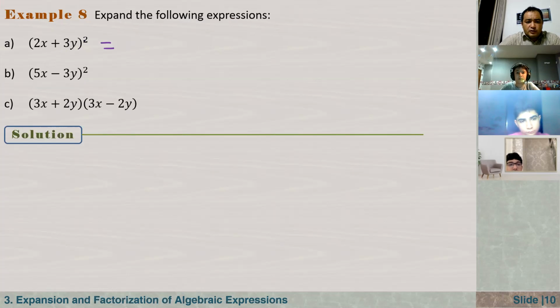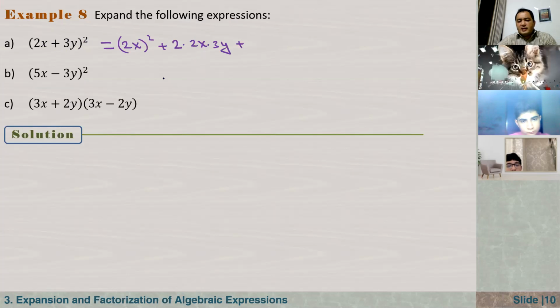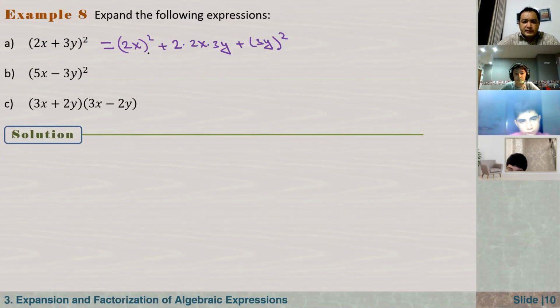So using the formula, what do we have here? Something plus something, squared. So that's equal to (2x) squared plus 2 times 2x times 3y. And when you're doing this for the first time, even you don't have to write like this. Directly, you can write the answer. And here we have (3y) squared. (a plus b) squared equals a squared plus 2 times a times b plus b squared, right?